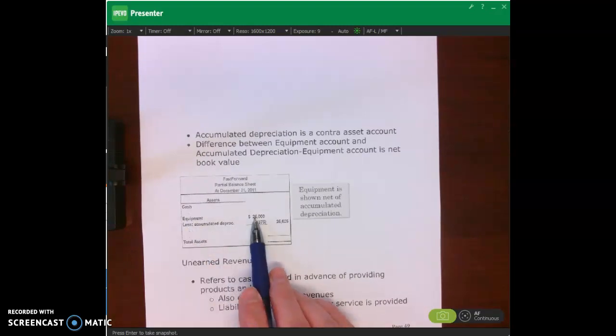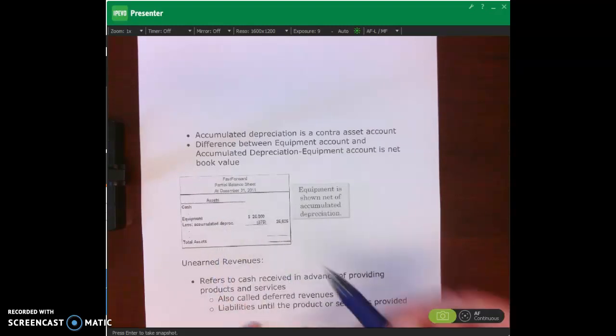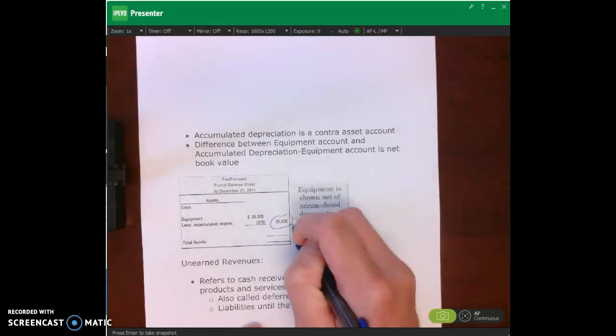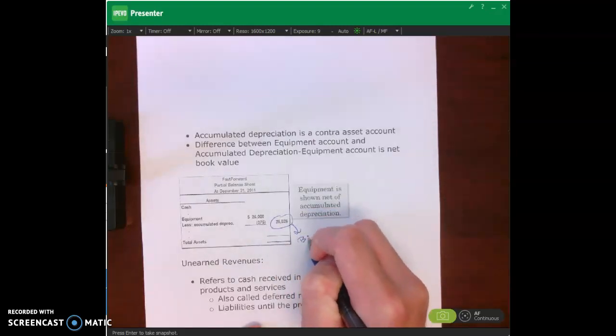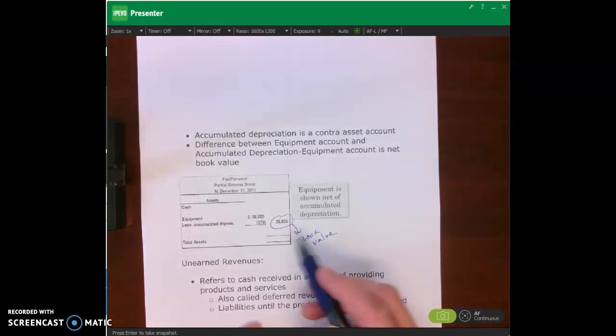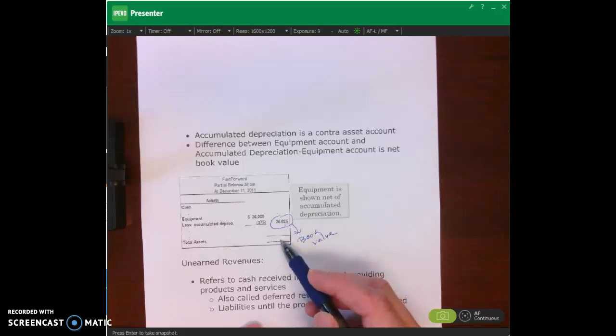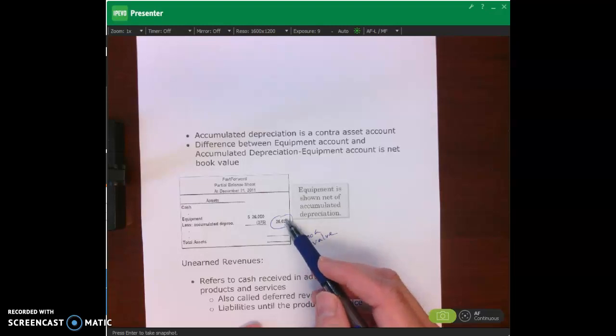The asset cost of $26,000 less or minus accumulated depreciation gives us book value. This $25,625 is our book value. This book value is the dollar value that comes into calculating total assets.